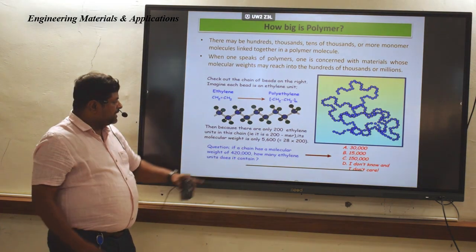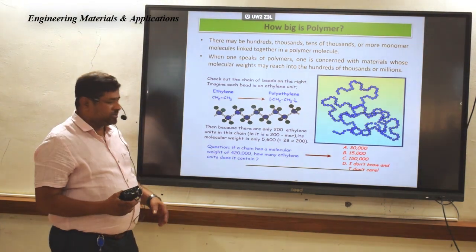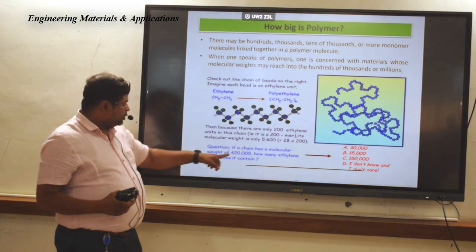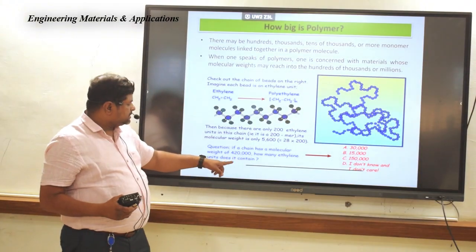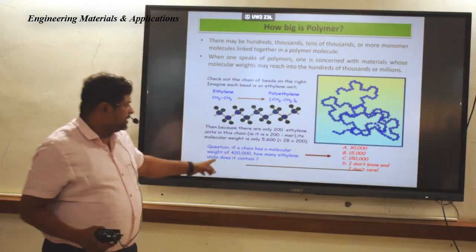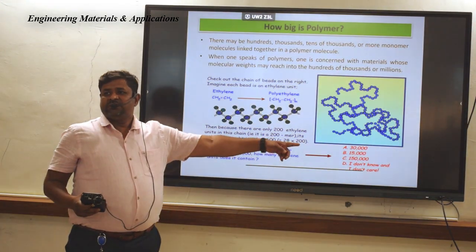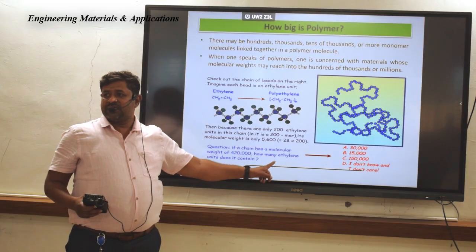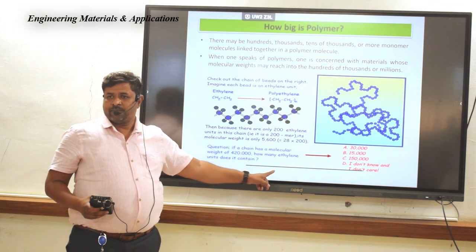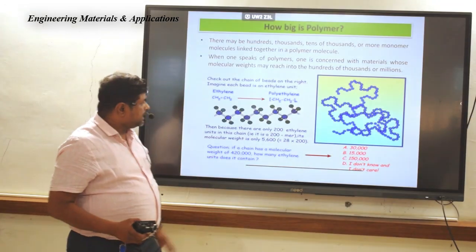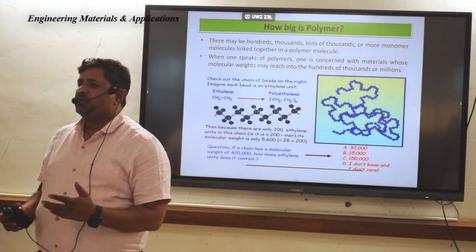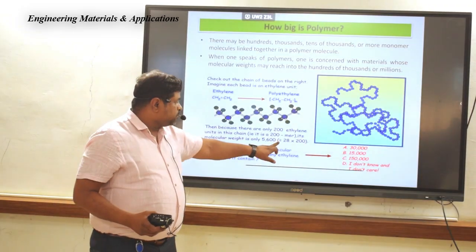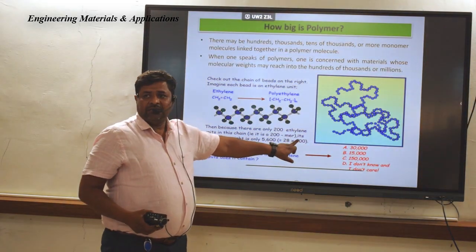Now here I have intentionally asked a question: if a chain has a molecular weight of 4,20,000, how many ethylene units does it contain? For this question, you have to do the calculation yourself, not with ChatGPT. How many monomers will be in a polymeric chain is going to be decided by its molecular weight and the number of monomers.